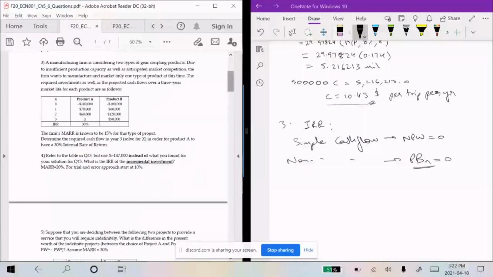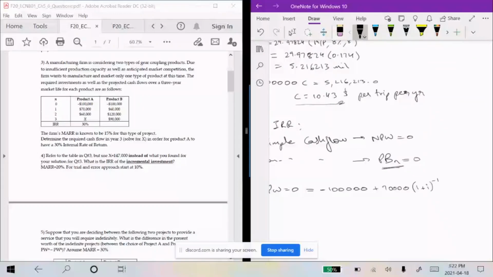So to do this, we need to find net present worth equal to 0. What we do for this is the first period has negative 100,000. Then plus 70,000. But we need to take this back to V0. So 1 plus I raised to the power minus 1.